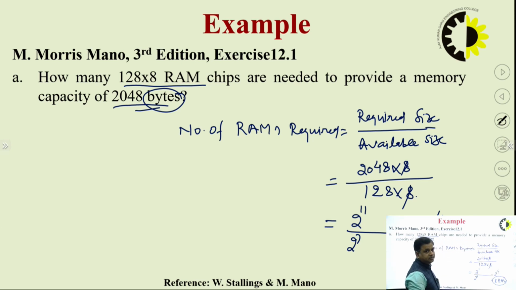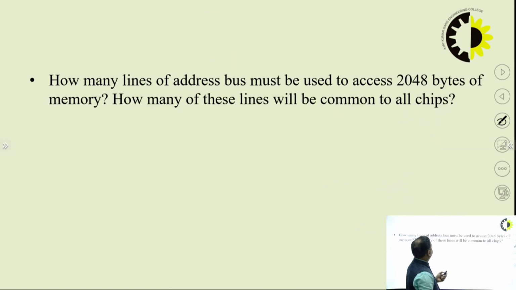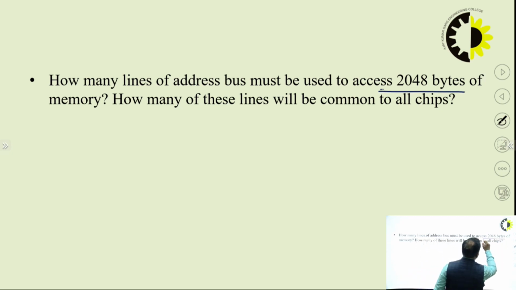2048 byte size, right. Sorry, this is 2 to the power 4, that is 16 RAMs are required. 2 to the power 4 means 16 RAMs are required to design 2048 size. Next is, how many lines of address bus must be used to access 2048 bytes?